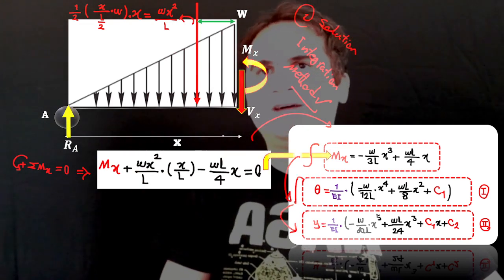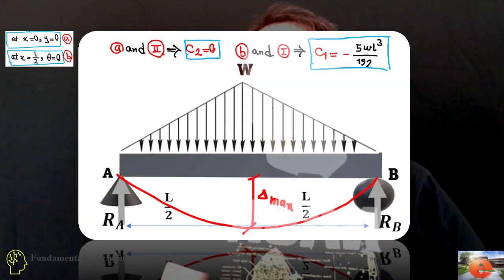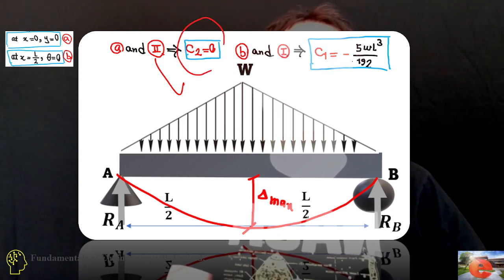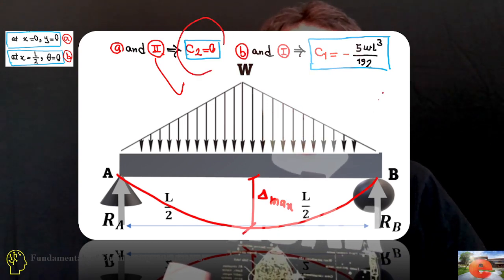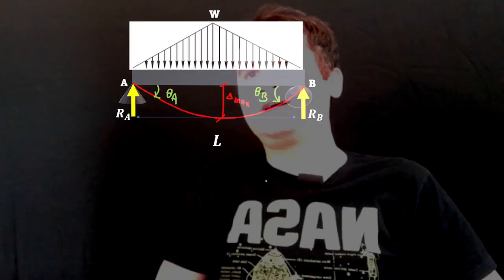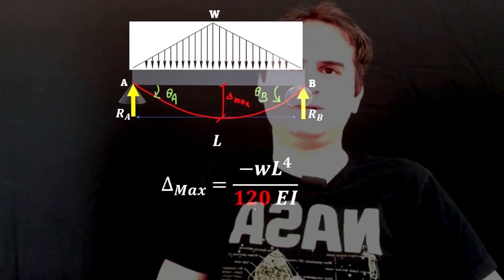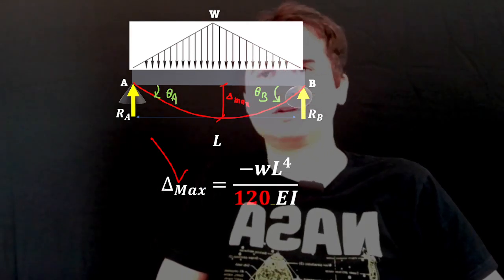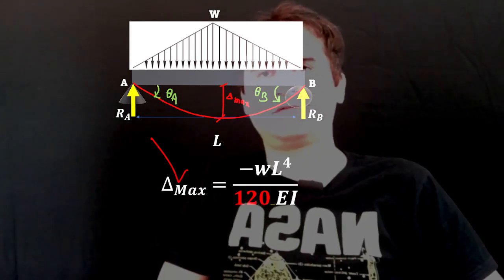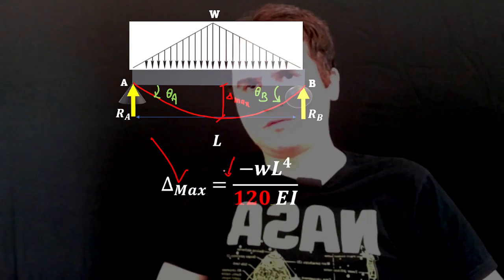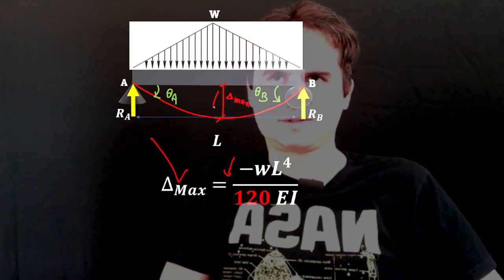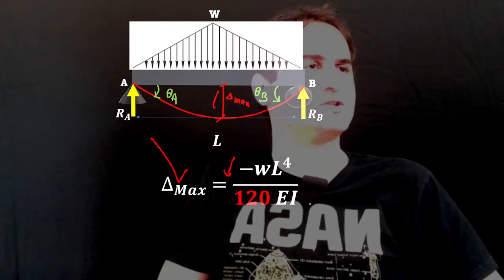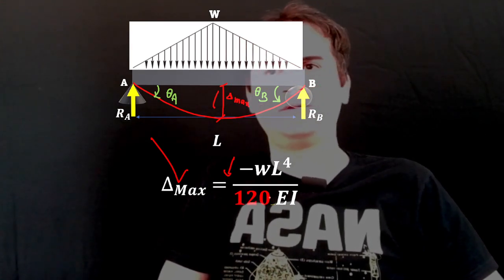Using the boundary conditions, C2 equals 0 and C1 is a numeric value. Replacing these in the main equation, delta maximum is negative, a downward movement, WL to the fourth over 120 EI, modulus of elasticity times moment of inertia.